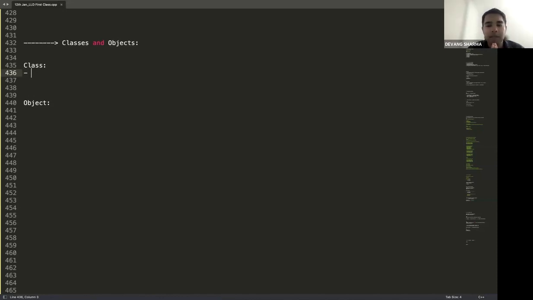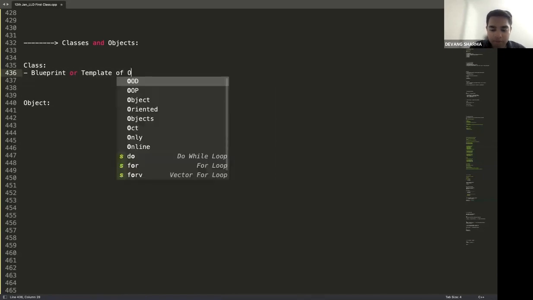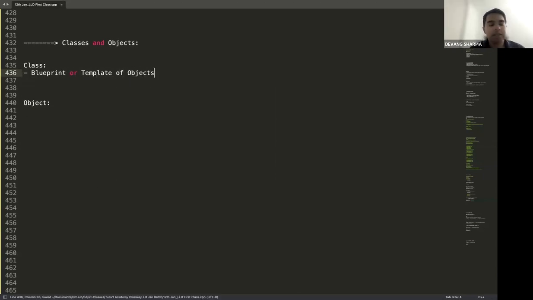Correct. It is just a template. It's just a blueprint, a blueprint or template of objects. That's it. Class is not something which exists. Class is just a blueprint. It is not a real world entity. When does it become real world?